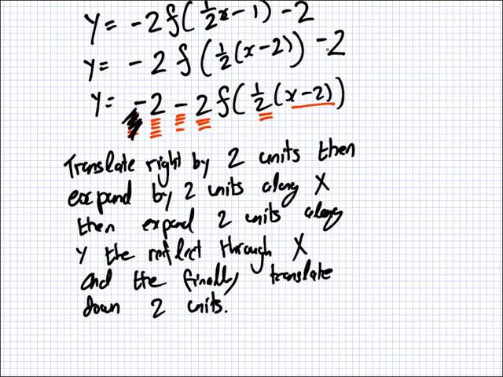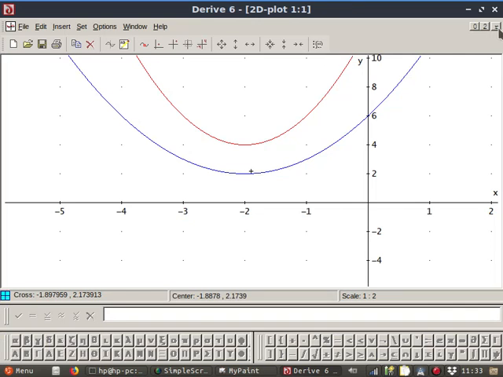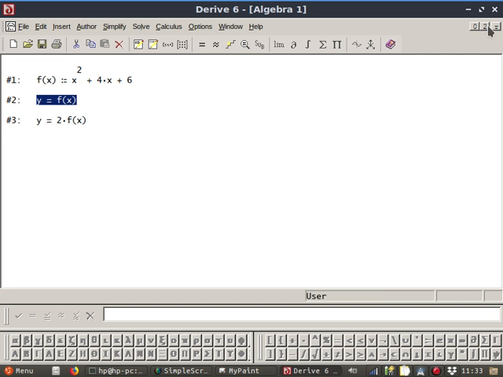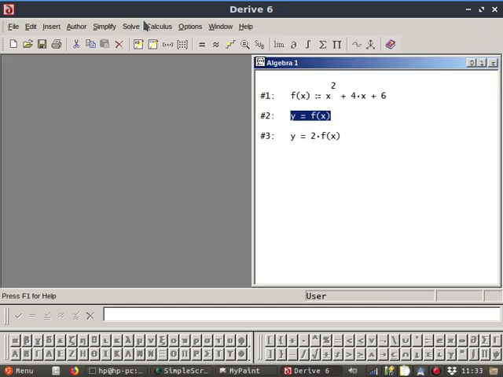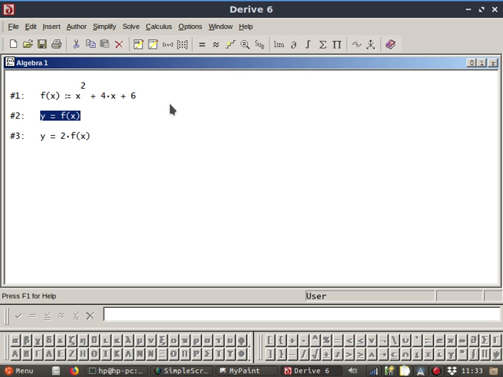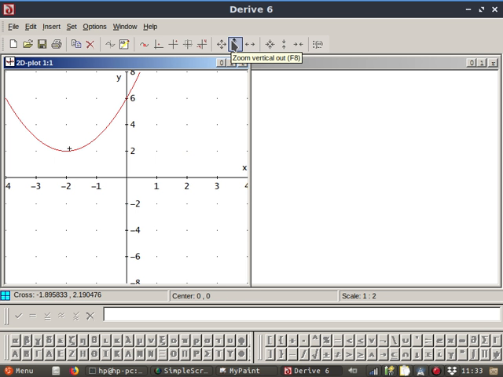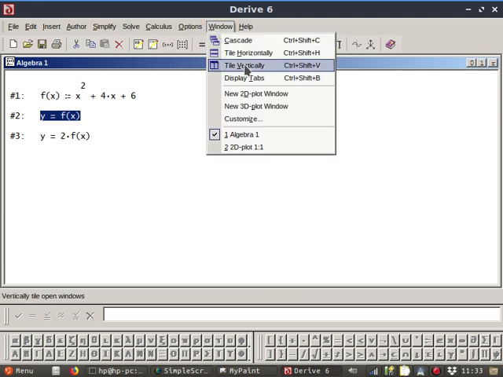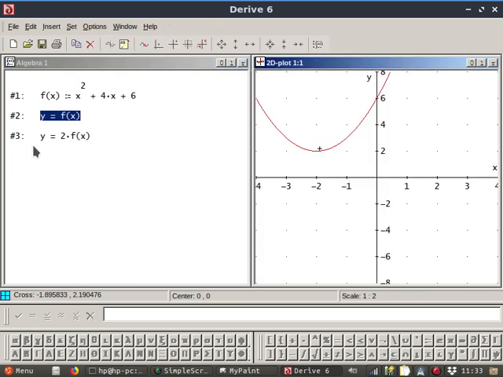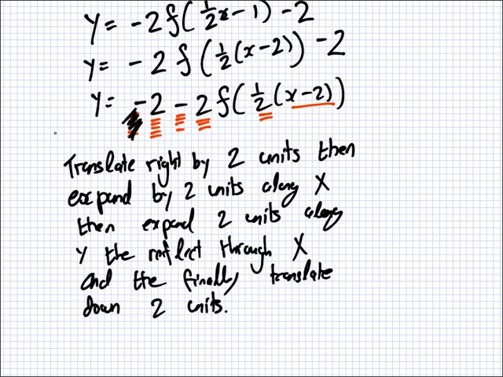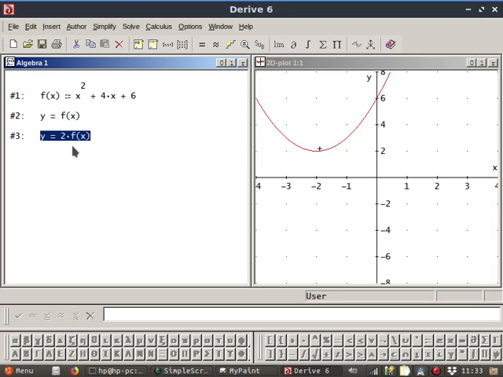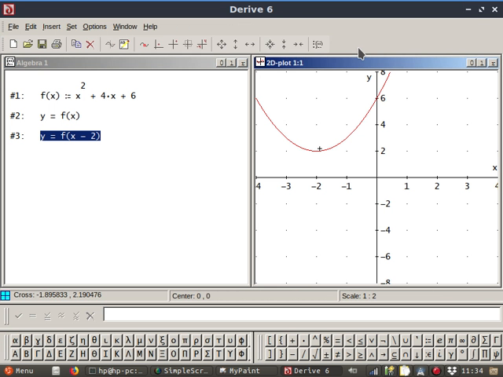Now, let's see this in action. Okay, let's do it step by step. What's the first one? x minus 2. Let's draw that. It moves to the right 2 units.